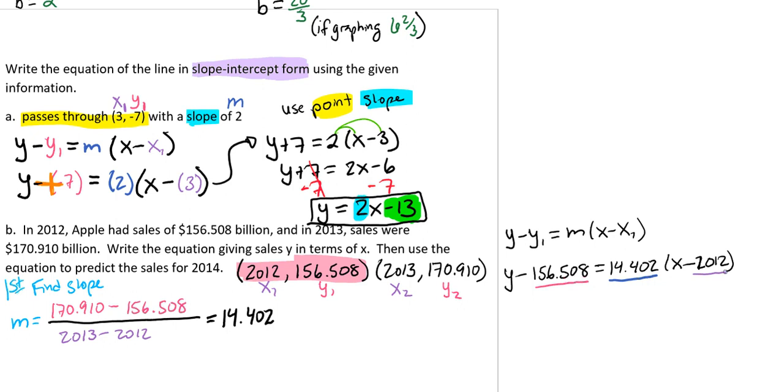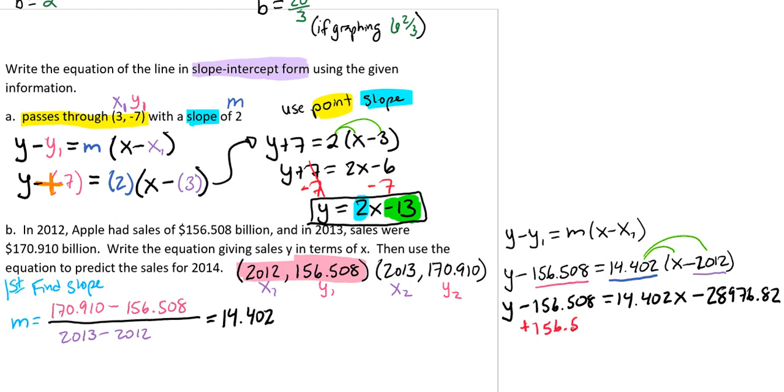So we know that in order to get this finished and solved, we need to distribute the 14.402. So that's going to give us y minus 156.508 equals 14.402x minus 28,976.82. And I just rounded that to 2 decimal spots. Now to finish solving, I know these numbers are big.